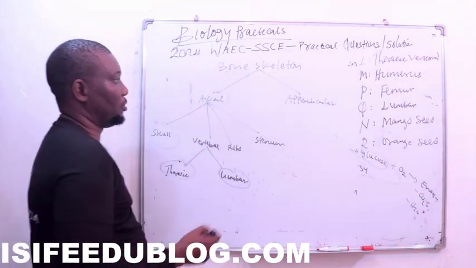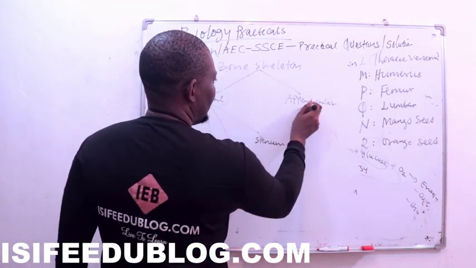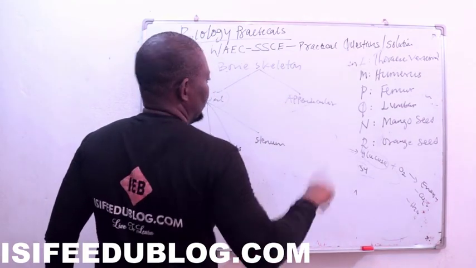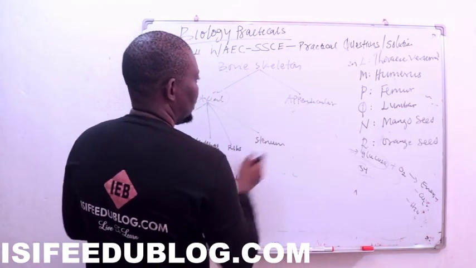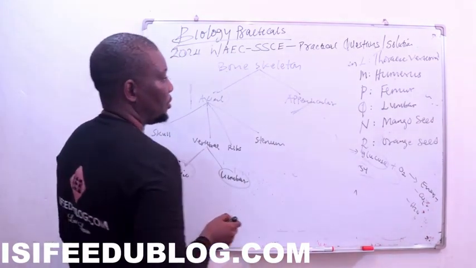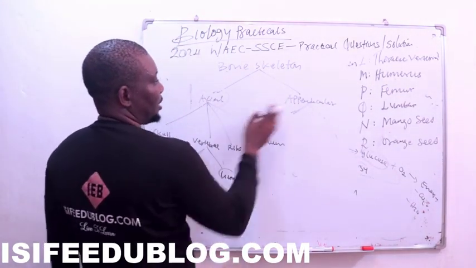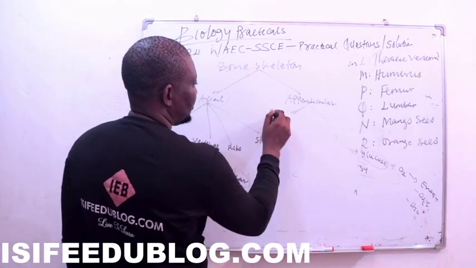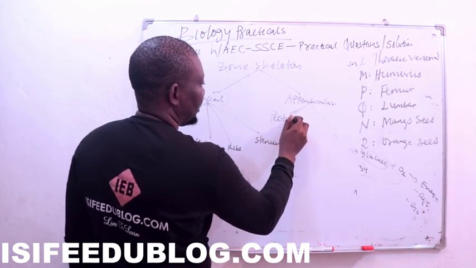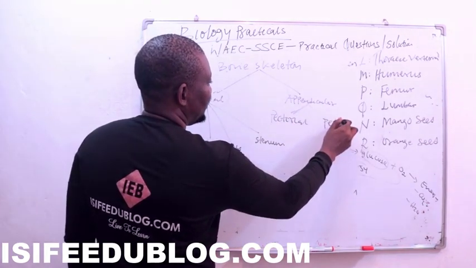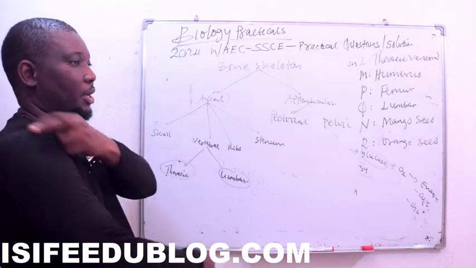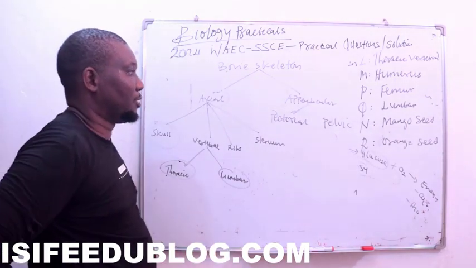Coming to this area, we have two forms of appendicular skeleton. In this aspect of the skeleton, we have the pectoral and the pelvic. Pectoral happens to be from this region, and pelvic is from this region.